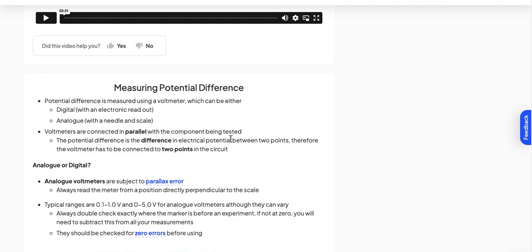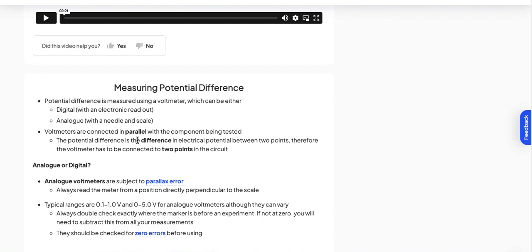Measuring potential difference. How do you measure the potential difference? We use an instrument called the voltmeter to measure the difference in potential across two terminals in a circuit.